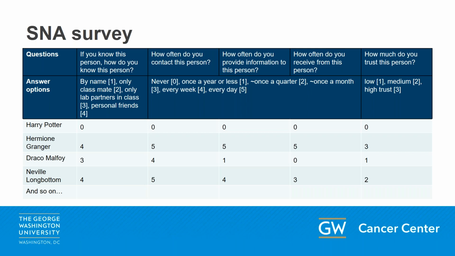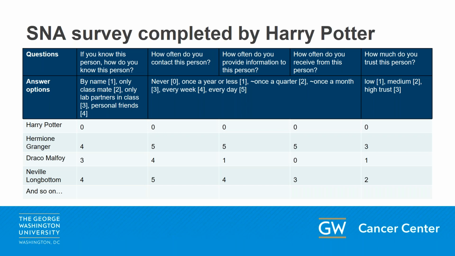So as you can probably tell, having attendees complete this matrix for 20 to 30 other people can take some time, which is actually one of the challenges of collecting social network analysis data. Another challenge I should mention is the completeness of the data, because good social network analysis heavily depends on high completion rates, which is something to keep in mind as you consider employing social network analysis to evaluate your Hep B coalition.